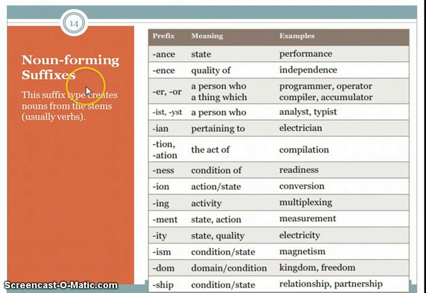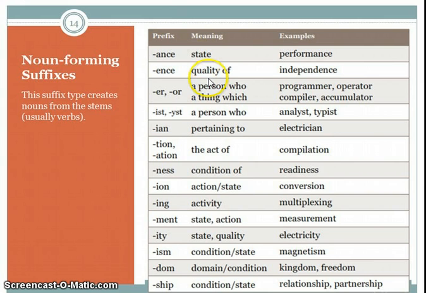Now if we look first of all at noun forming suffixes, we see that we have all these different suffixes, and we have, it should say suffix up there, not prefix. We have the examples, and we also have meaning, because the suffixes that change it from a word into a noun also have meaning.